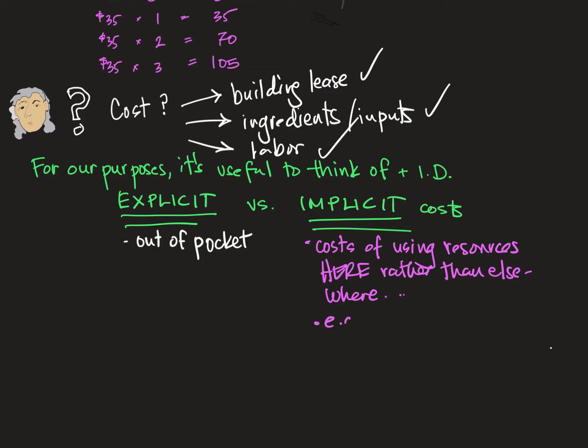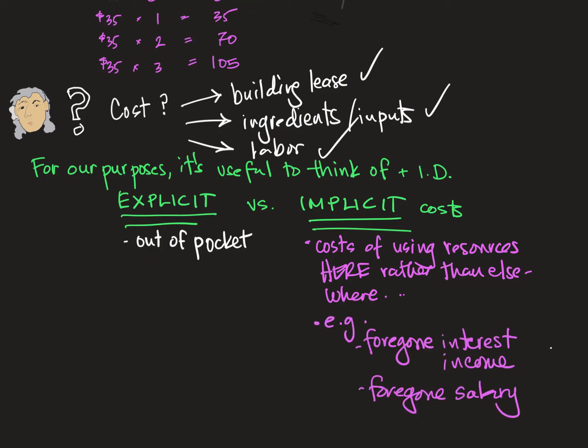So you can think of the idea of opportunity cost. If Luz uses her savings for this entrepreneurship adventure, she's going to be giving up interest income on her savings. If she used to earn $75,000 as an accountant and she instead goes into business making masks, she's giving up a salary.